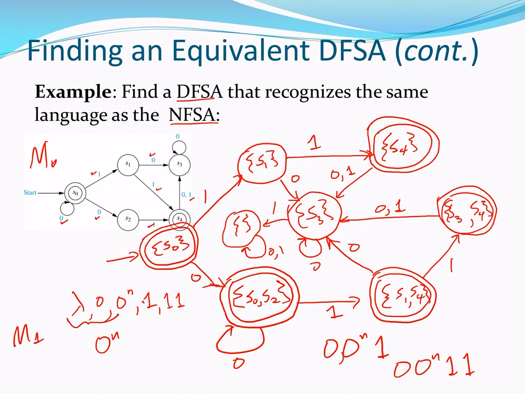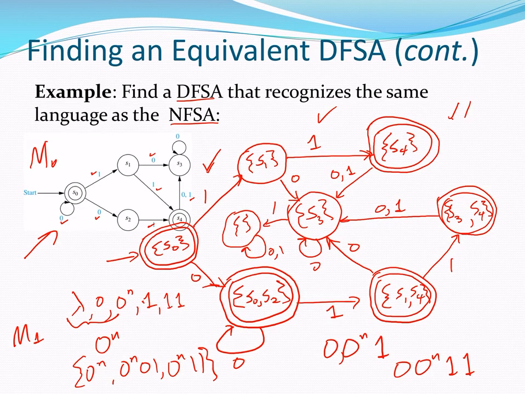And we're missing 1 here because I have 0, 0 to the n, 1, 1, but I can't construct recognition for just 1, 1 by itself, but we can see that that is created along this path here. I get 1, 1. So that means we get 0 to the n, 1, 1, 0 to the n, 0, 1, and 0 to the n, 1, 1, which is the language that was recognized by this NFSA as seen earlier in the chapter.